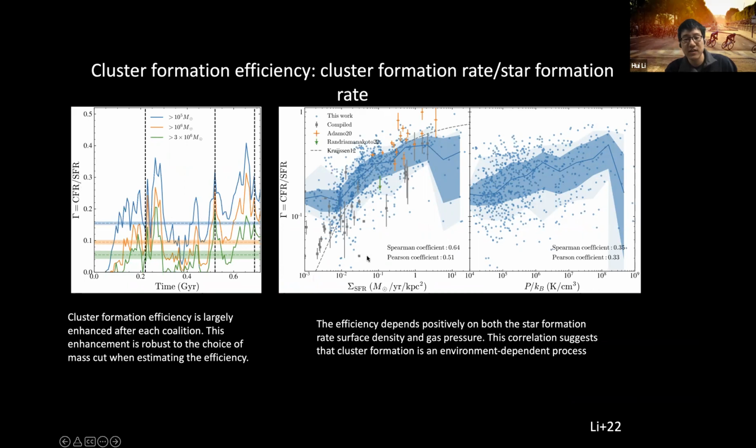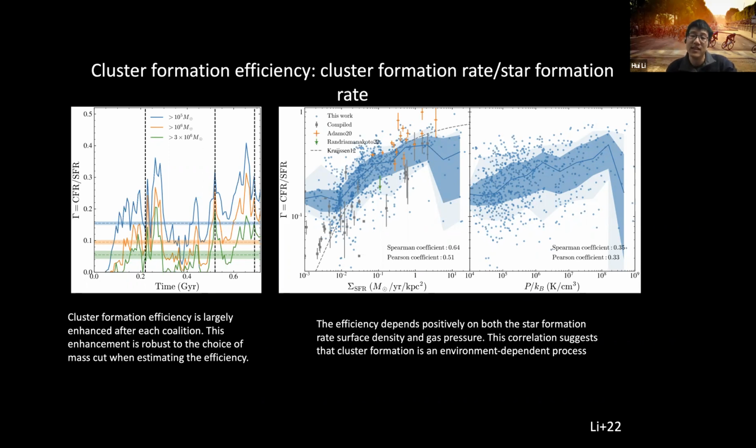This efficiency not only depends on the star formation rate surface density of the gas, but is also a strong function of the gas pressure of the galaxy patches. So we argue that the merger triggers a compression of the gas, and this leads to an extremely high gas pressure in the tidally dominated region.